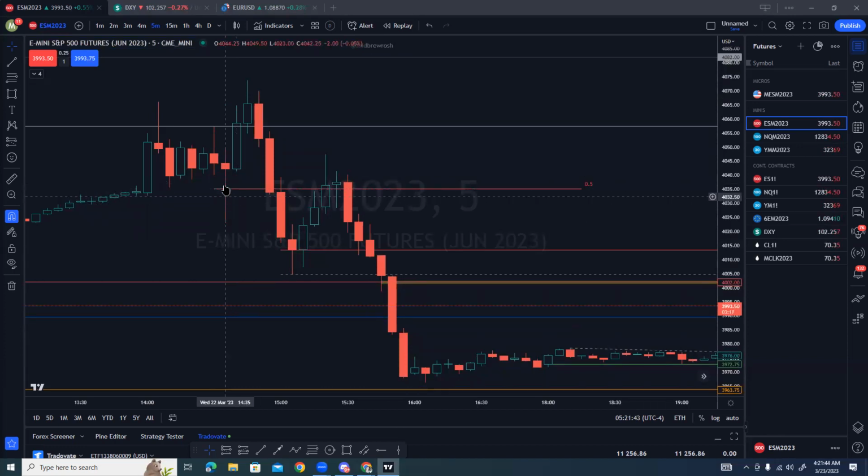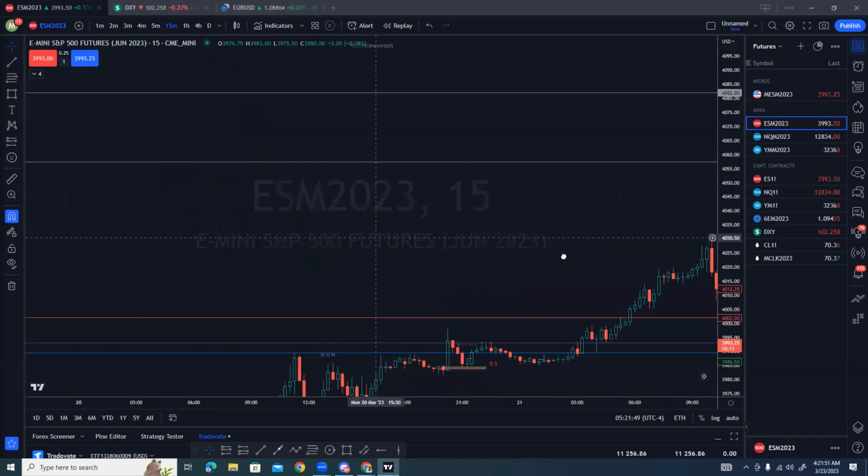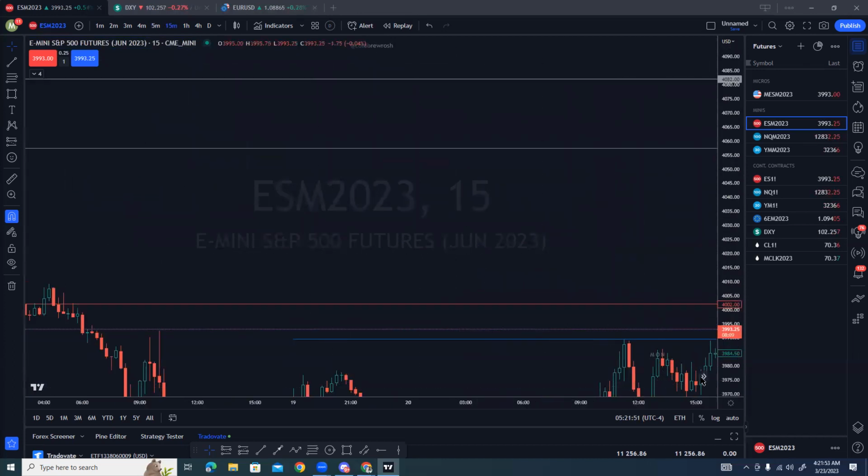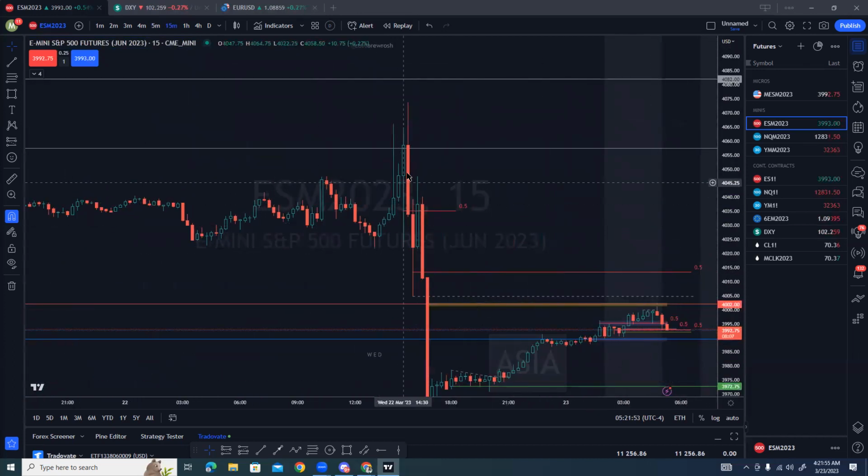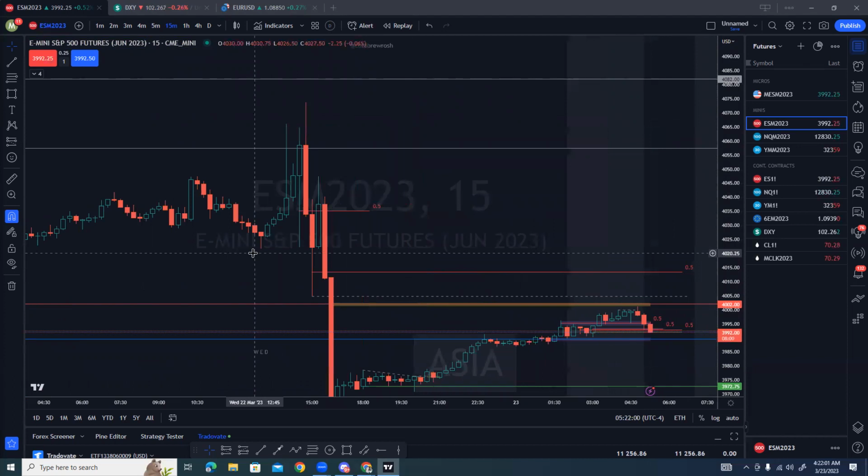No, this is just a large candle. Wait a minute. Back to it there. It's just the first, it's just a large candle is all it is, and a huge wick. Yeah, you're not going to really put the consequent encroachment on something like this.